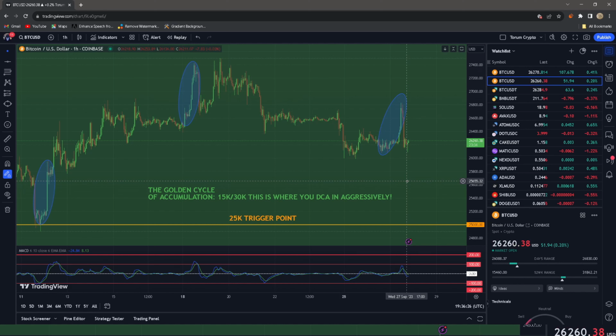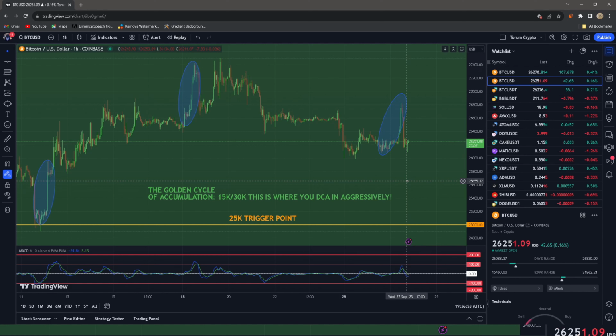If you don't believe me, just look backwards at the last three all-time highs. How did they react? How did the market move? It moved in the same way that it's moving now. In 2024, the bull run will start. It'll lap over into 25, and somewhere in there, we're going to find a new all-time high.